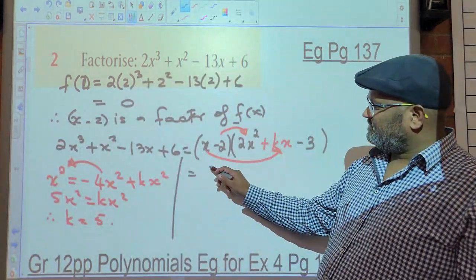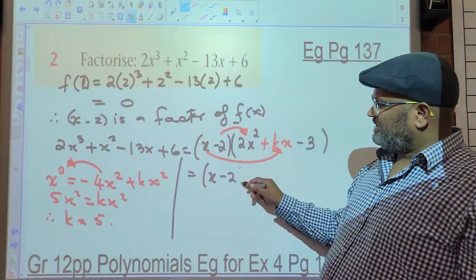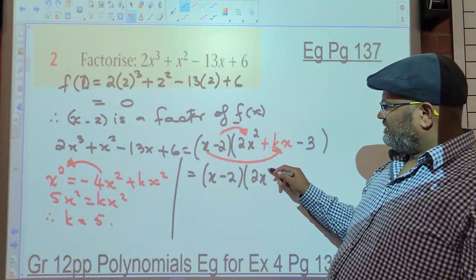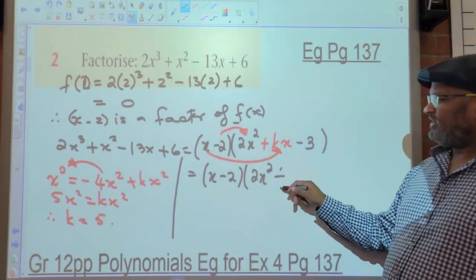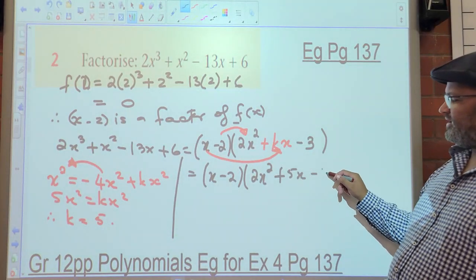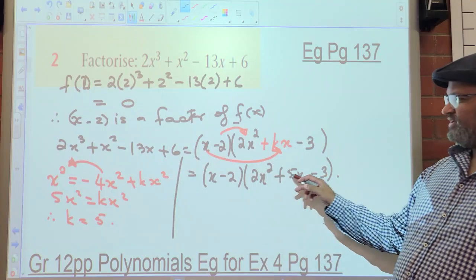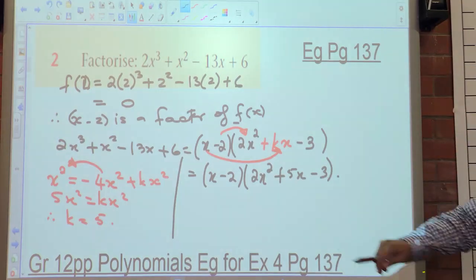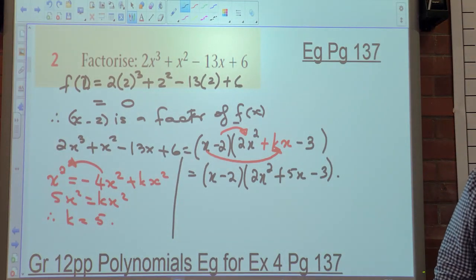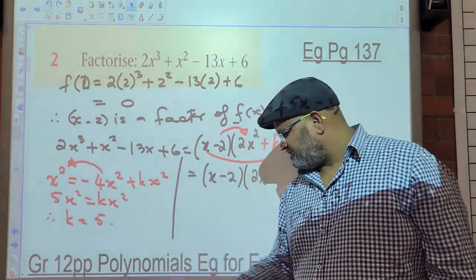So this is equal to x minus 2 into 2x squared plus 5x minus 3, and there we got the quadratic factor. Not so? Now what's the third step we need to do?